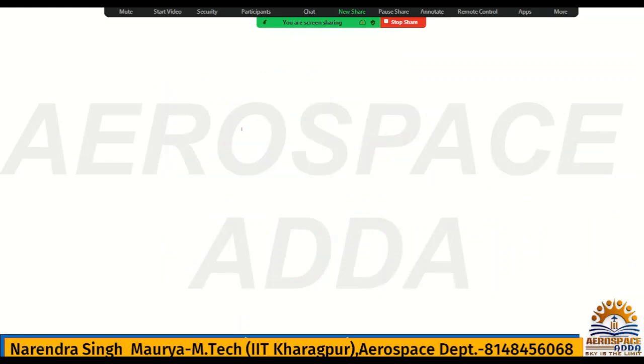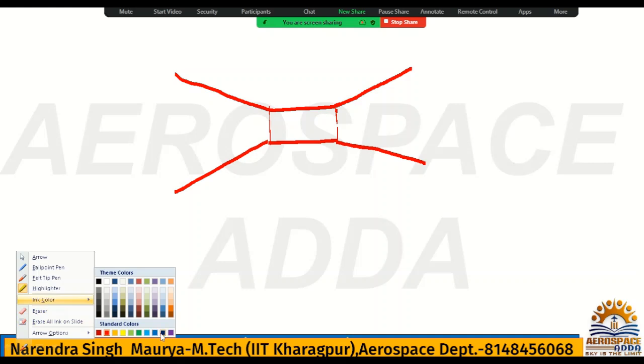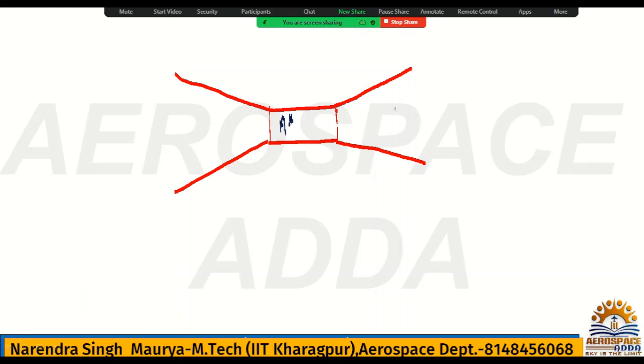Okay, another diagram is better. If this is the CD nozzle, here is A star and here the shock wave is observed, and this is the exit area AE, and this is the shock.